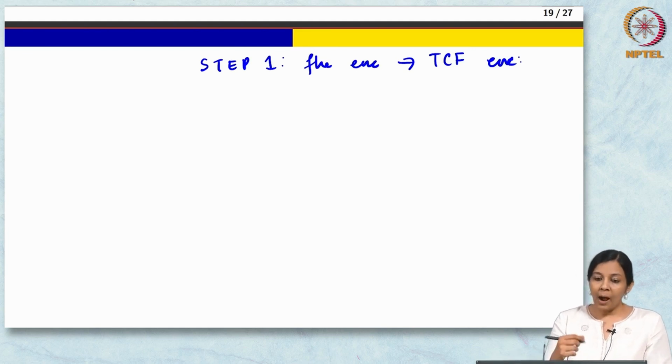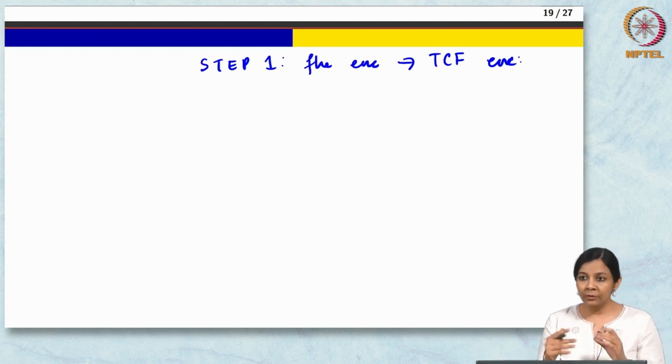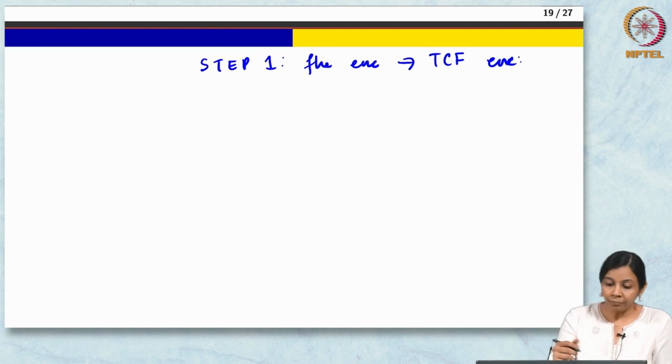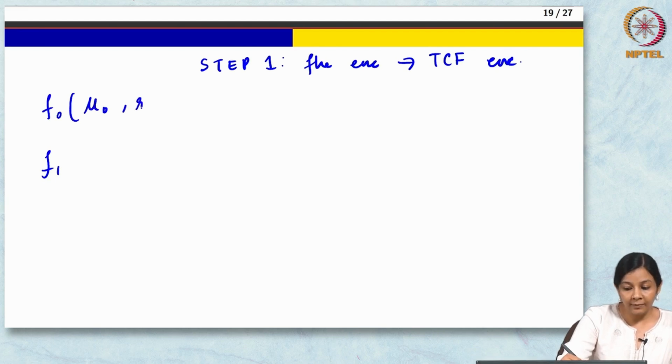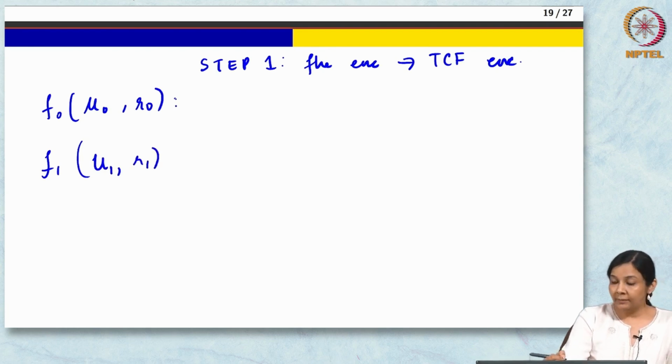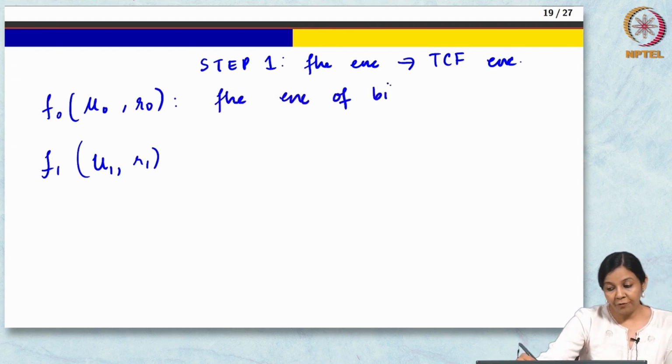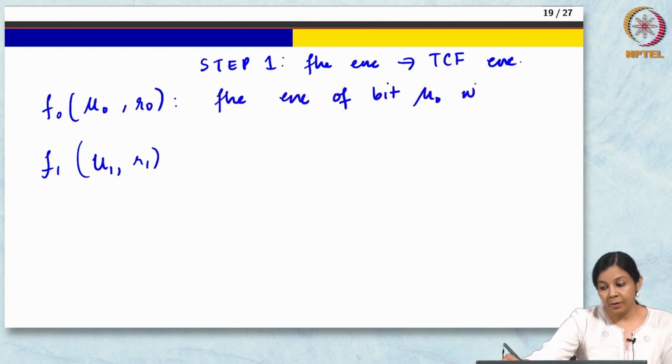So, let me outline this transformation. I need to define F0 and F1. Remember that F0 takes some mu 0, r 0, and F1 will take some mu 1, r 1. F0 is actually easy to define. This is just the FHE encryption of bit mu 0 with randomness r 0.